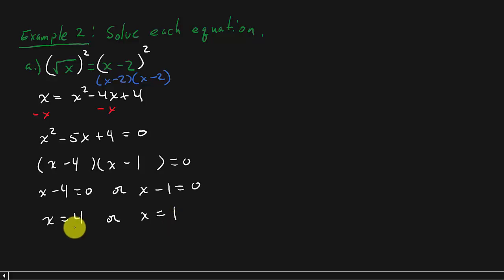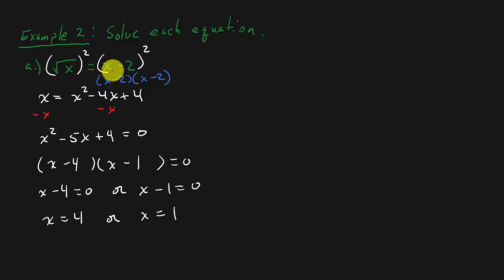In other words, you've got to take each solution and plug it back into the original equation. If you raise both sides to the third power or fifth power or seventh power, an odd number, you don't have to check your solution. You can, but you don't have to.